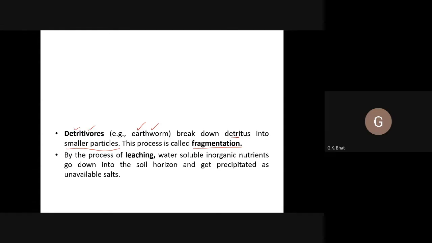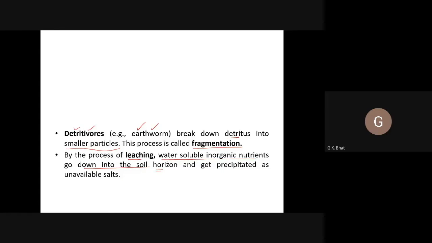Kavita, understood? Yes, sir. Next step is leaching. What is leaching? In leaching, water-soluble inorganic nutrients go down into the soil, into different layers of the soil, what you call soil horizon. Horizon means layers.